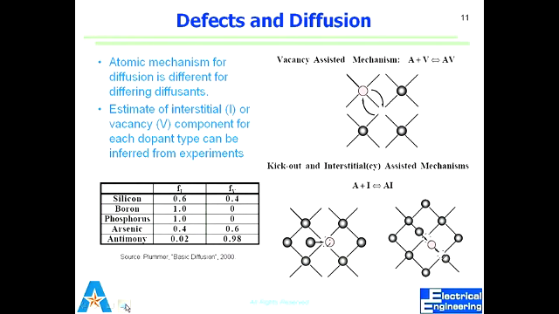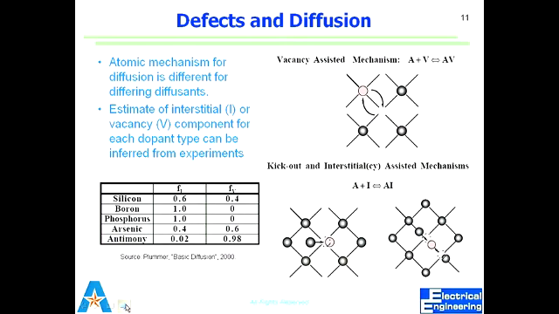For different diffusants, the mechanism for becoming part of the lattice is different. It can be interstitial or it can be vacancy. Depending on those, we define a vacancy assisted mechanism or an interstitial assisted mechanism.